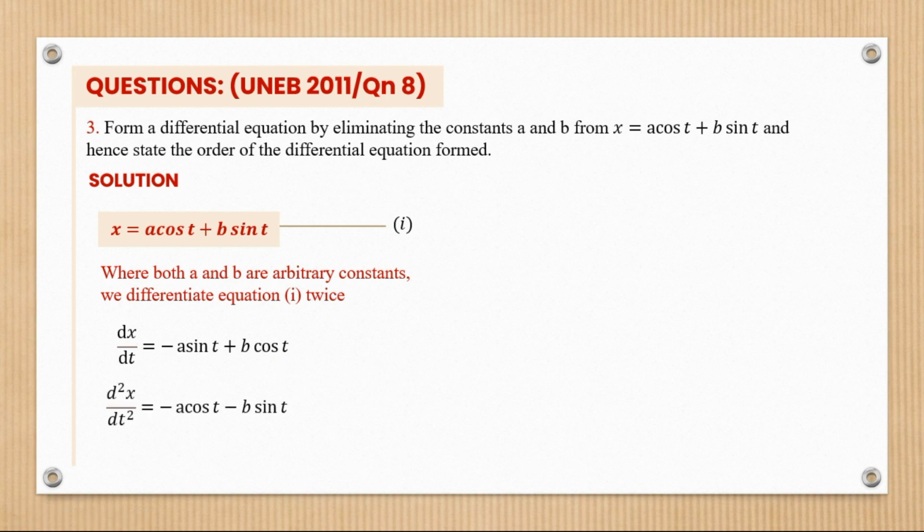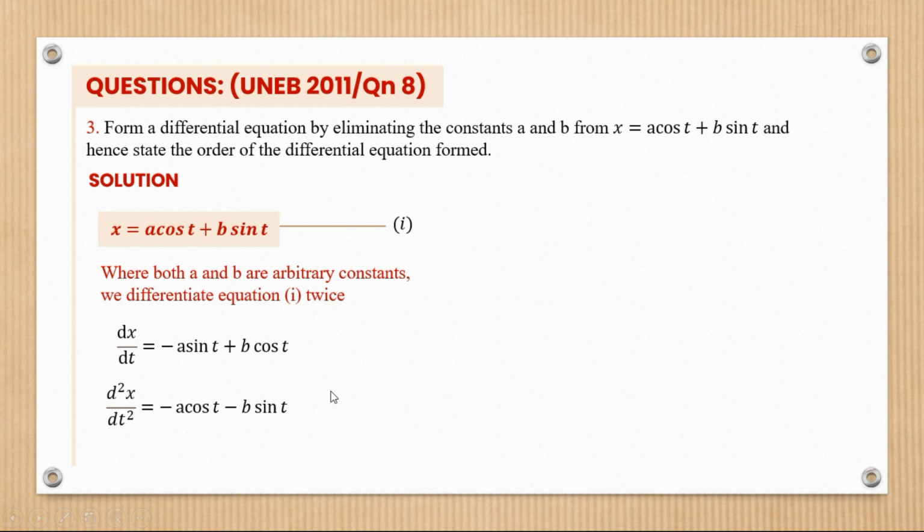So the second derivative shall be, when you differentiate this sin t again, we get a positive cos t. But because there was already a negative here, we'll leave it as negative a cos t. Then on this other side, when we differentiate the cos t, we get a negative sin t. And that's why we have this plus here changing to a minus.